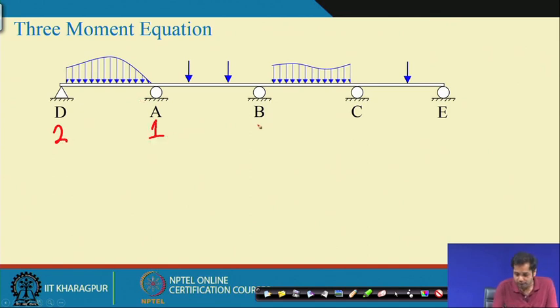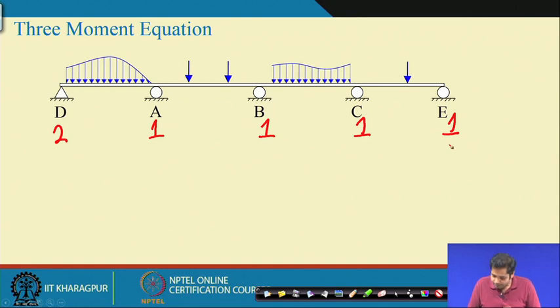Here it is one, then another vertical reaction, another vertical reaction. So, the total number of unknown reactions is 6, and the number of equations available is 3. So, it is a statically indeterminate structure.